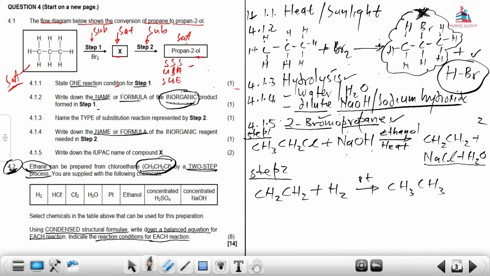So the way they mark this will be 1 for sodium hydroxide, 1 for ethanol.